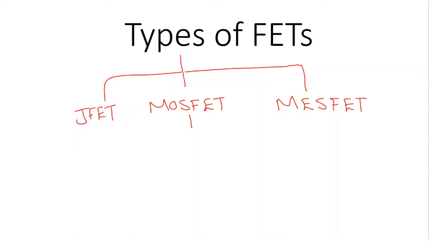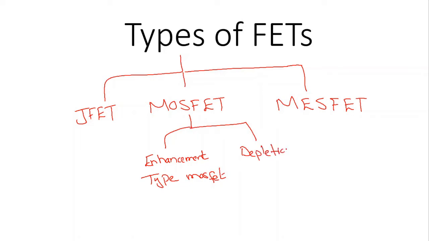And then in MOSFET, we have enhancement type MOSFET, and depletion type MOSFET. In this video, we are going to discuss the JFET, which is the junction field effect transistor.